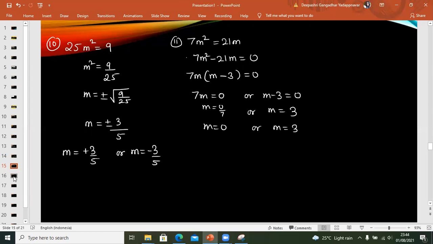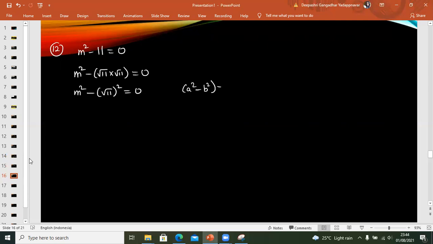And the last question from this exercise, question number 12, m square minus 11 equals 0. We can solve this in this way. m square minus 11 can be written as root of 11 multiply root of 11 equals 0. That means root of 11 square equals 0. Now this is like the formula a square minus b square is a minus b, a plus b.